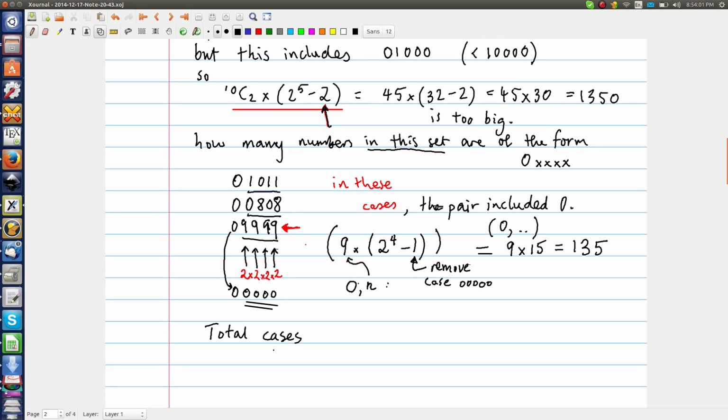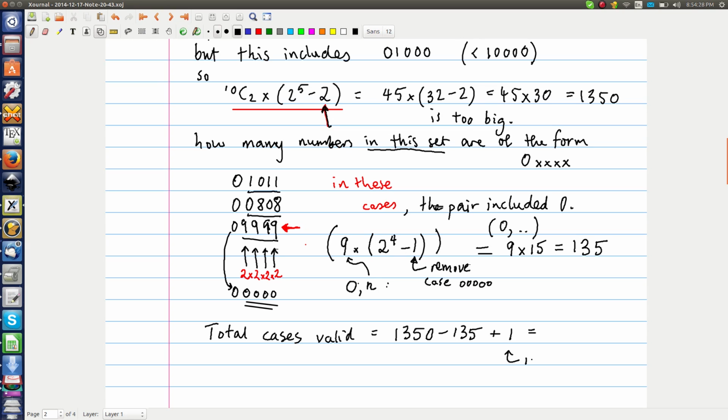Total cases which are valid is the 1350, subtracting all the cases which are included in that set but start with 0, which is 135. That takes me back to 1215, but I have to add one more case. And which case is that?